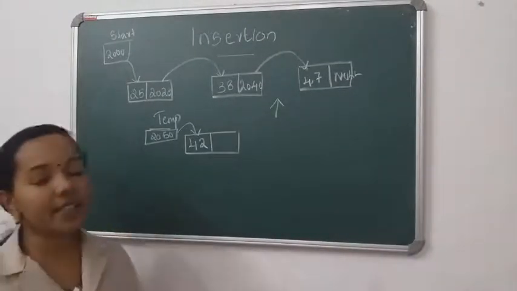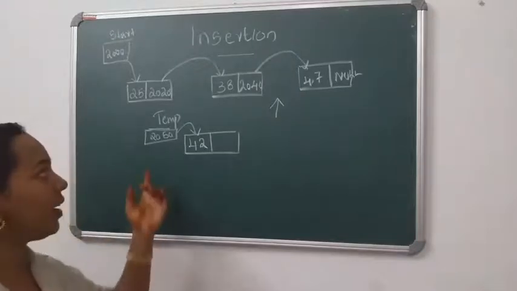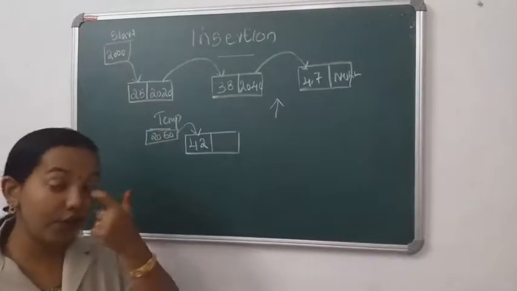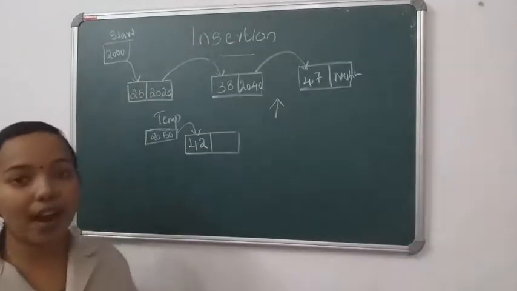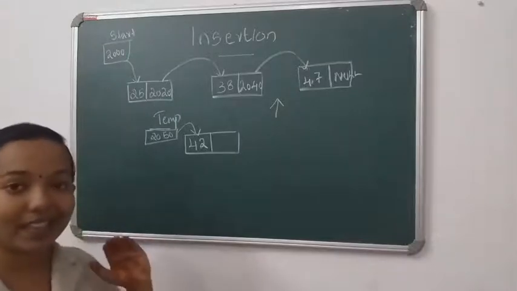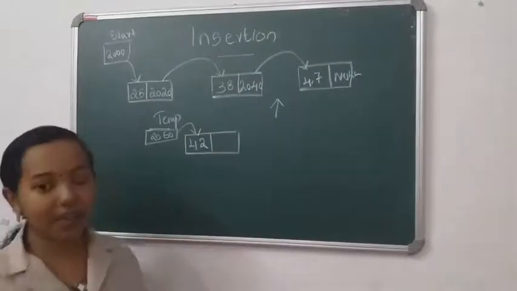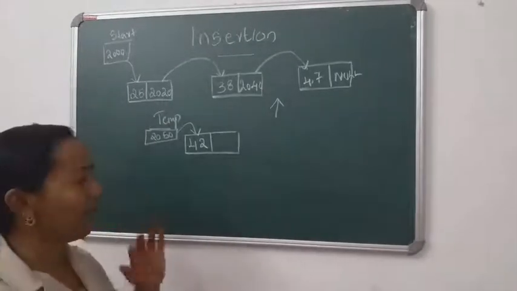So in linked list insertion, the first step of the algorithm is to create a new node and store its address in temp. We already know the variable temp. In that temp variable, the memory address of the node we are going to insert will be available.